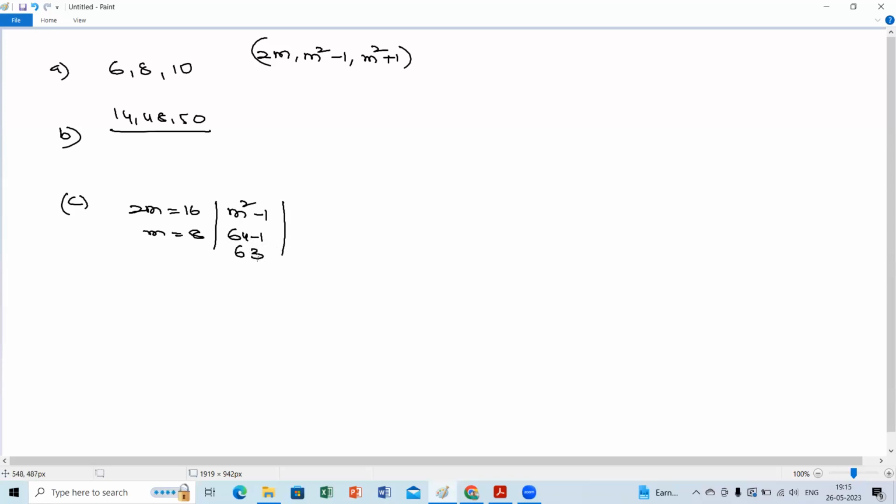M square plus 1 is 65. You have to take this as a triplet, beta. Don't consider this. Only for the next step we are taking this. But 2m is our triplet. So 16, 63, 65.